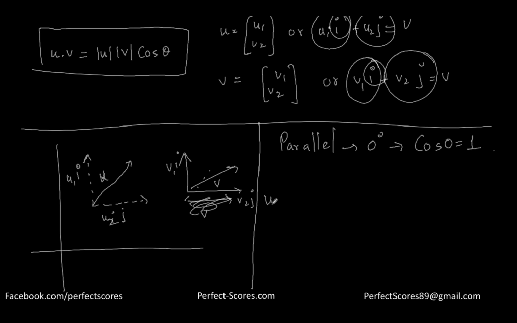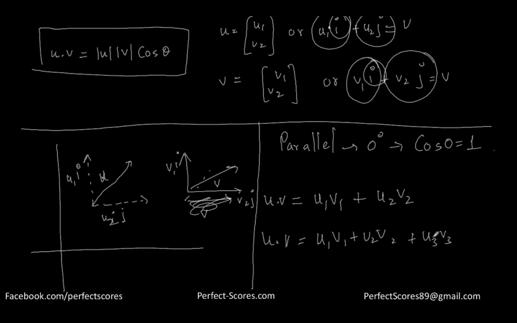Which means the dot product of u and v is u1 v1 cos 0, which is 1, plus u2 v2 cos 0, which is 1. That means the dot product of two vectors is equal to u1 v1 plus u2 v2. And similarly, if it's a three-dimensional vector, then the dot product is u1 v1 plus u2 v2 plus u3 v3.